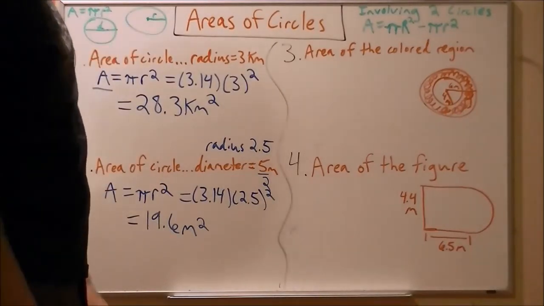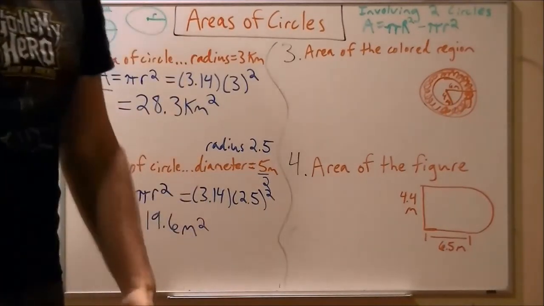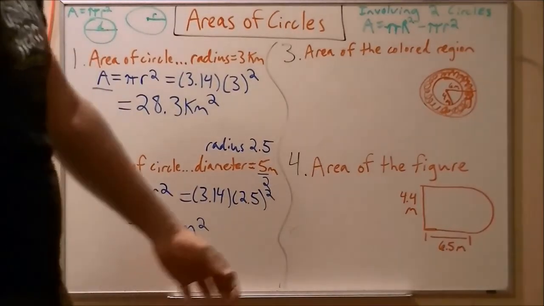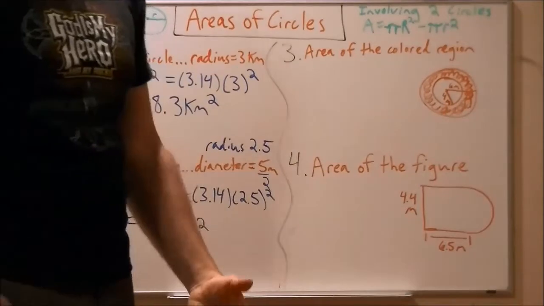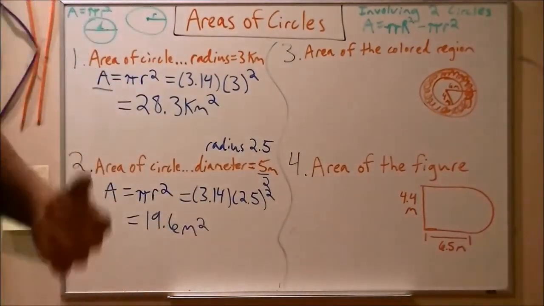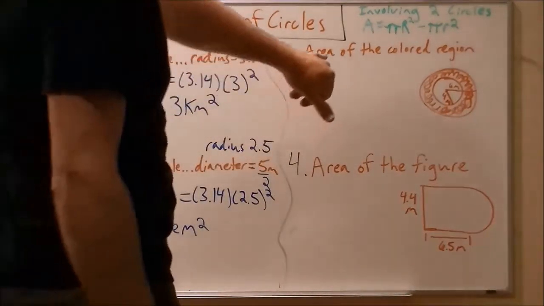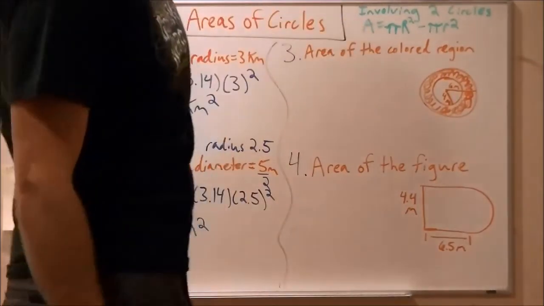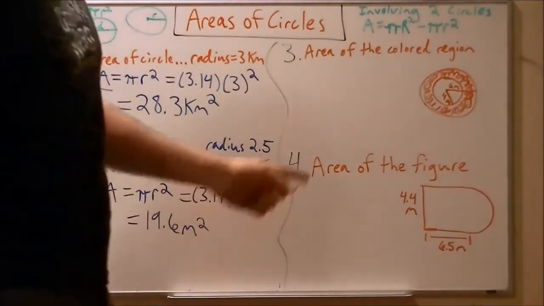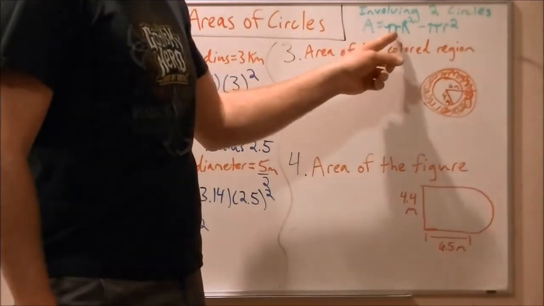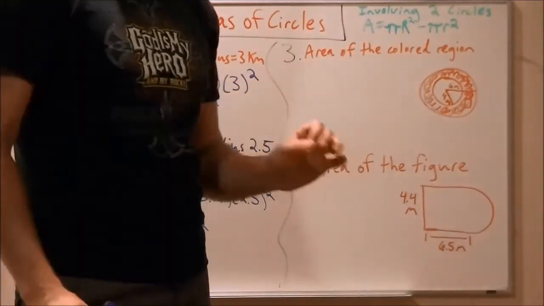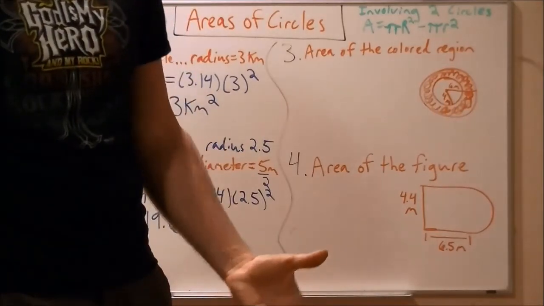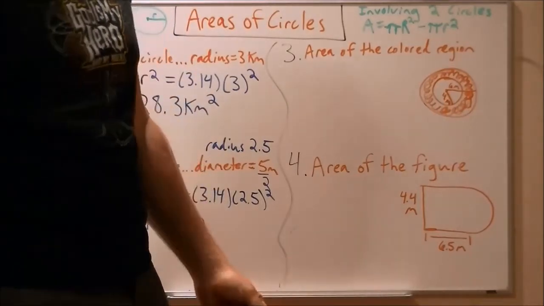Now, number 3 is a little bit different. We're not trying to find area only involving one circle. Even though we want to find the area of a certain circle, we have to use the area of 2 circles to find that. And that's where the handy-dandy formula of area involving 2 circles comes into play. And that is A equals pi times, notice, big R, and all that means is the larger of 2 circles that are involved.